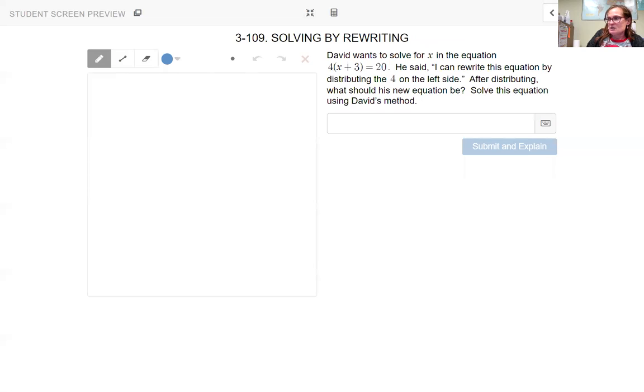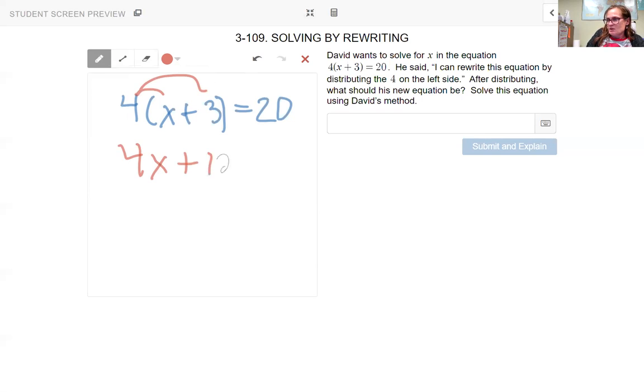Distribution is the rainbow. So 4 times x plus 3 equals 20, and we just distribute our 4. 4 times x is 4x, 4 times 3 is 12, and that equals 20. And then we solve for x.